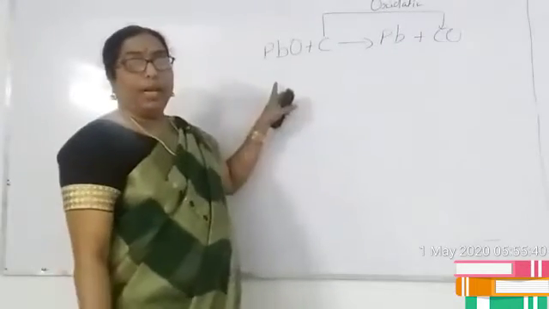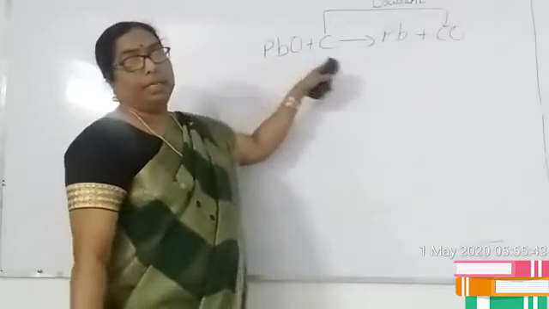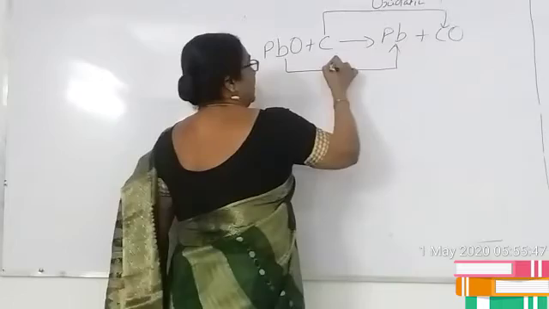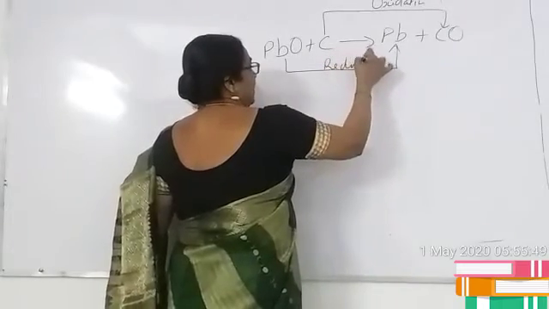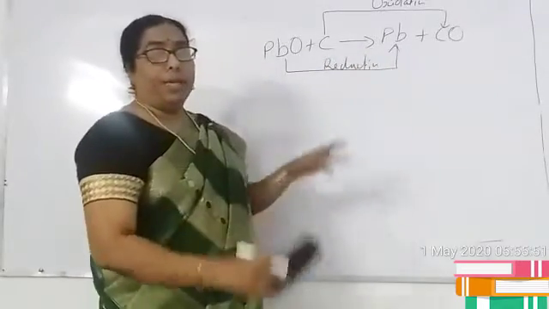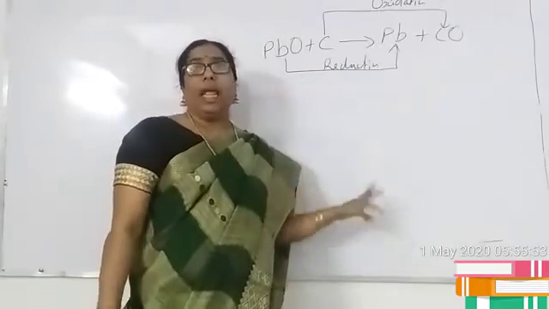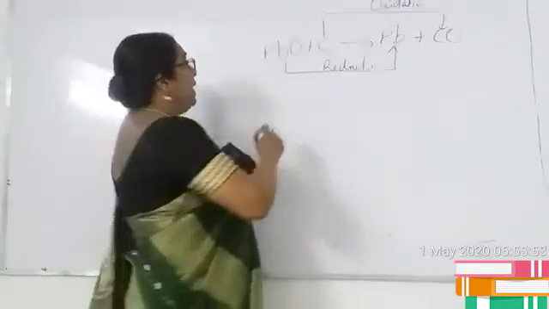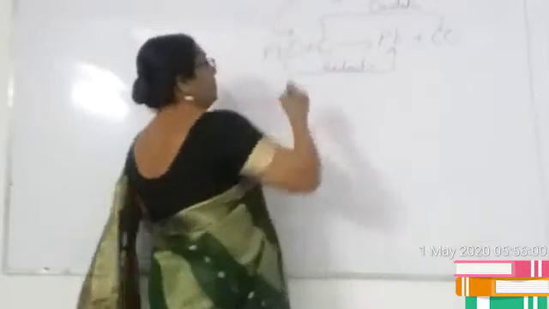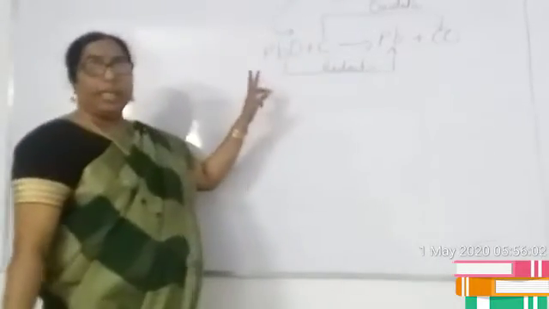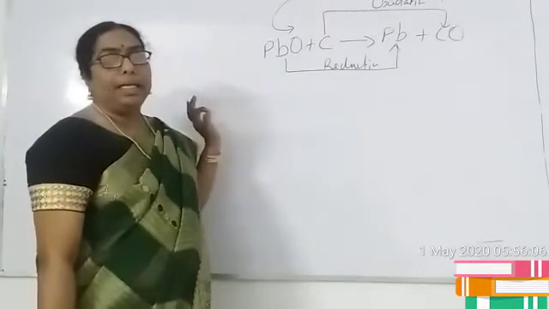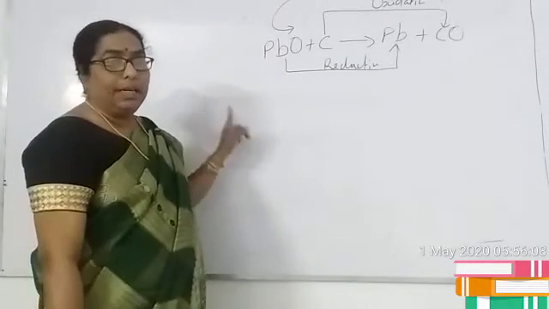And lead oxide converts to lead, which involves removal of oxygen, so it is reduction. This type of reaction in which oxidation and reduction take place simultaneously is termed a redox reaction.